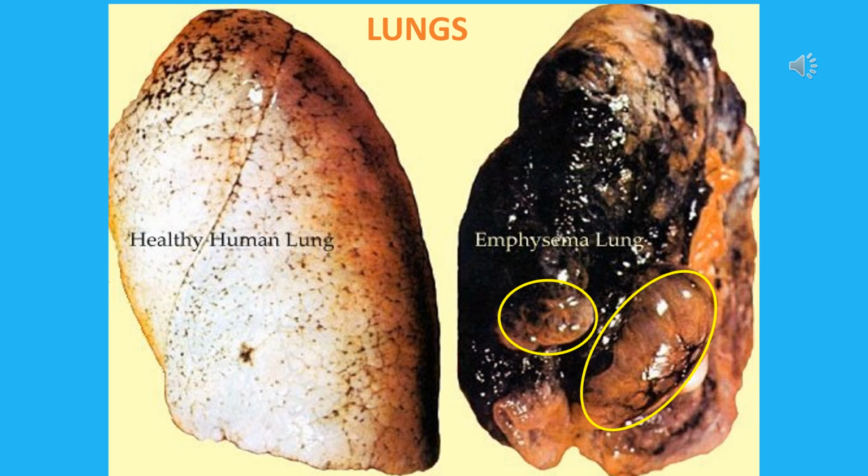Comparing the healthy lung to the pathologic lung as seen on the right side, the lung shows intense blackening of the lung parenchyma and scarring of the lung tissue as seen by the uneven and puckering of its outer visceral pleural surface. Take note of the hyperinflated lung parenchyma representing the pathologic lesion of emphysema.